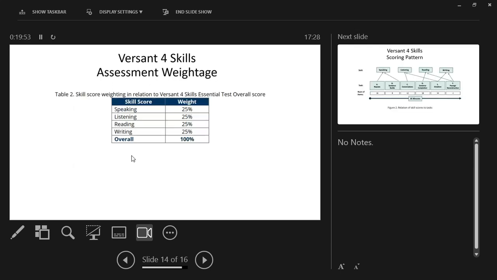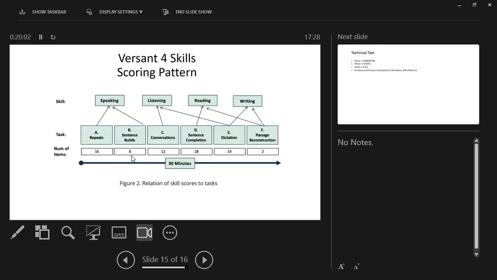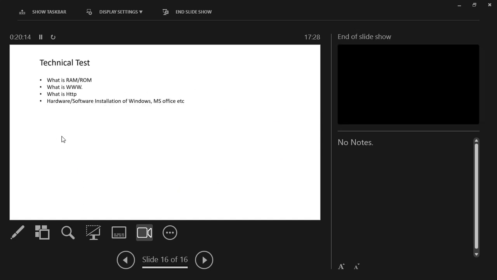So the Versant round will have 25% weightage each for speaking, listening, reading, and writing. And like I mentioned, it is a 30-minute test with all these questions which I've already informed you. Let's say you pass the Versant test, you have a technical test.